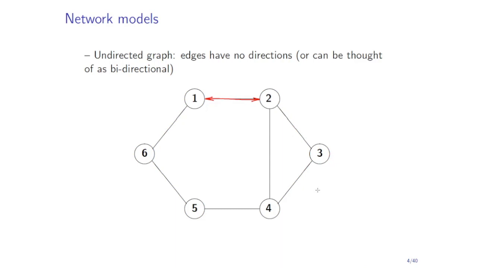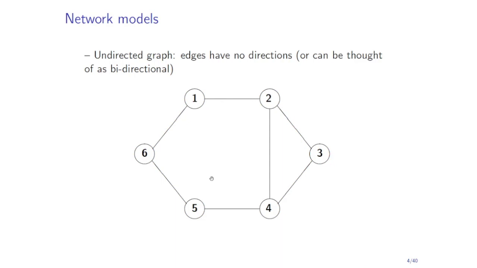So either in the context of the actual problem the direction doesn't matter at all, or every edge is actually bidirectional. In those cases, we use undirected graphs. Every undirected graph can be transformed to a directed graph by just putting two arrows like this at the end of every edge.